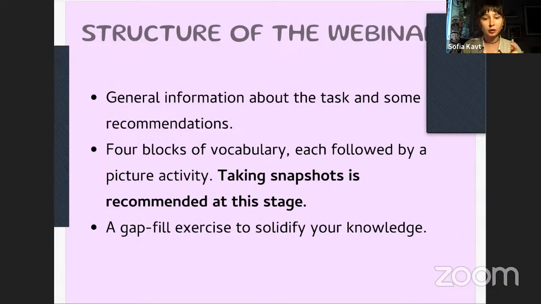I've written some examples, which will include the words we're going to be covering today, and you will need to fill in the gaps with the missing words in these sentences in order to solidify your knowledge. That's exactly what you will need the snapshots for, so if possible, please make them.